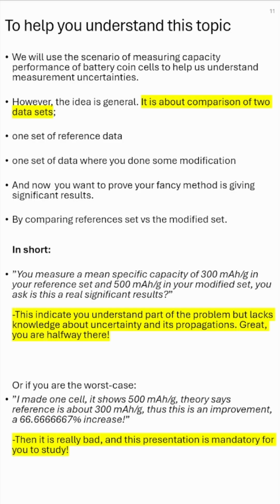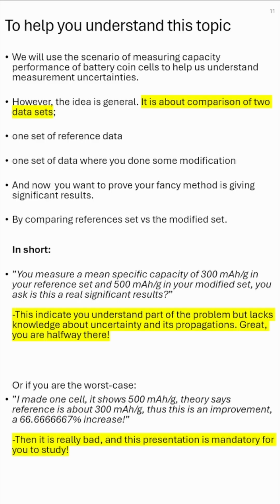You have one set of reference data, which we usually call the before dataset. Then we have one dataset where we have done some modification, which we call the after modification dataset. Now you want to prove: does your fancy modification give any significant result? That is the comparison of the reference set and the modified set we want to do. This is what we're going to learn in this presentation.